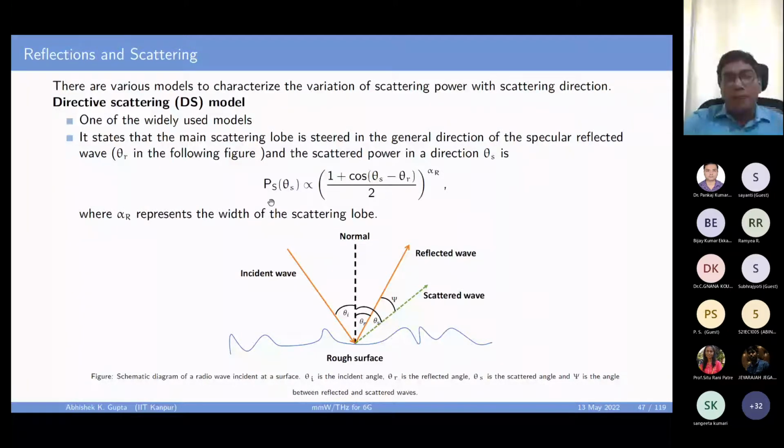The scattered power in the direction theta s is given by 1 plus cos of theta s minus theta r, divided by 2. When I put theta s equal to theta r, I get the maximum value, and in other directions this slowly decreases with a cos function to the power alpha r. This alpha r is the width of the scattering lobe, and it again depends on the material.